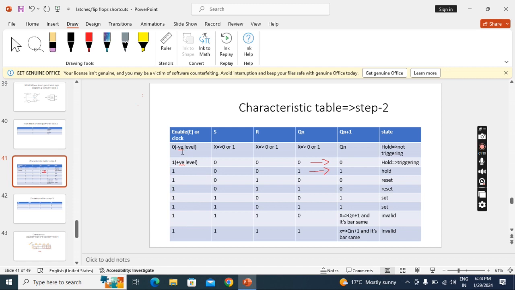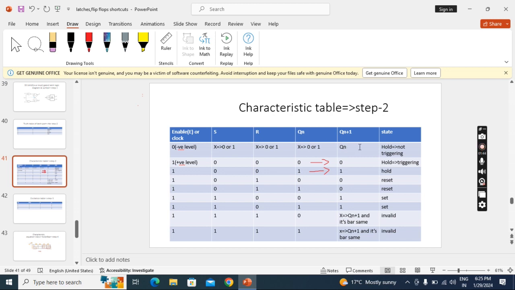Suppose I apply 0, that is a negative level to a positive level circuit. Whatever the data inputs S and R can be, 0, 0, 0, 1, 1, 0, 1, 1, and Qn can be any value, whatever it may be, it will become hold. Qn+1 becomes Qn only.